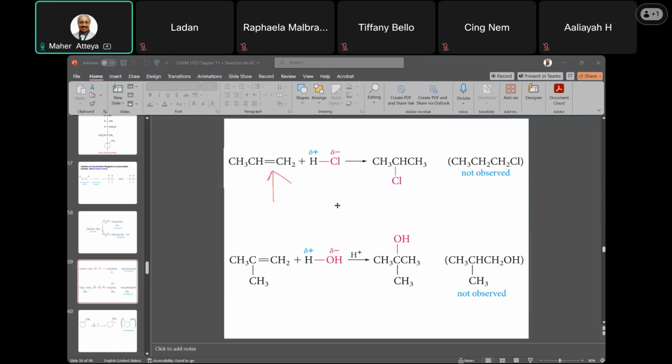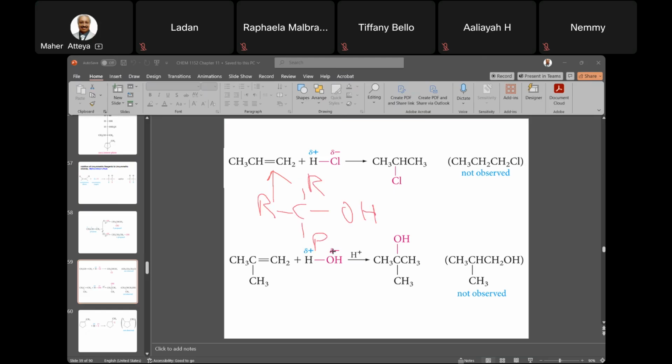And according to the carbocation, we say tertiary is more stable than secondary, which is more stable than primary. Tertiary means you have the carbon that carries the OH connected to three substituents, R, R, R. So that's a tertiary alcohol.